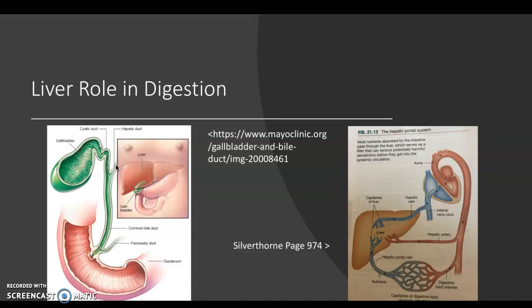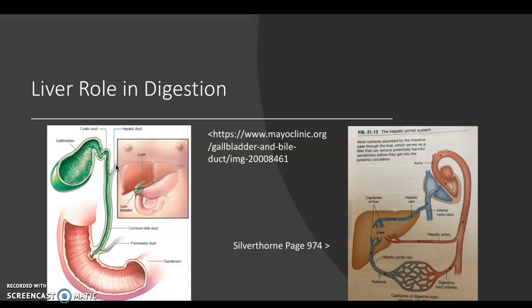Bile salts break down the large clumps of fat that enter the small intestine. They come in as large clumps because they're not water soluble. So in the stomach, instead of being broken up, they actually come together to form a large clump.